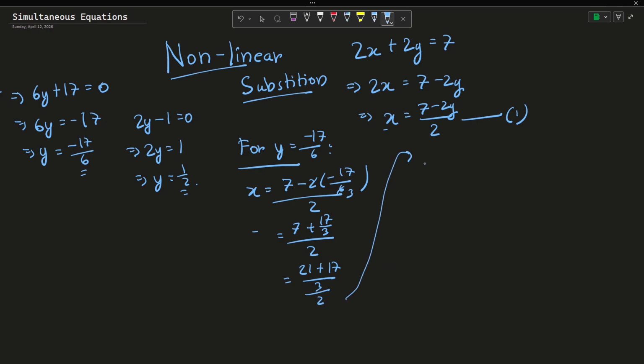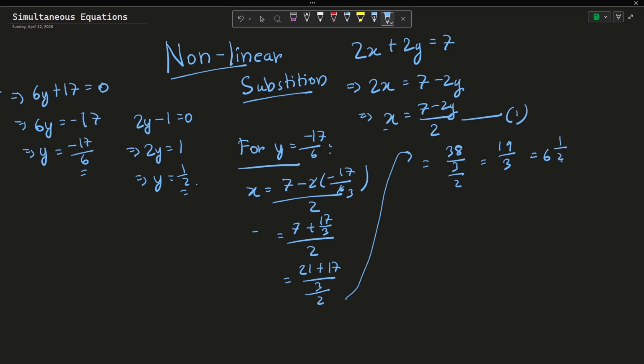So if I move here, it's going to be 38 by 3 by 2, yeah, I'm bad at maths. Okay, so that is going to give us 19 by 3, which turns out to be 6 whole 1 by 3.